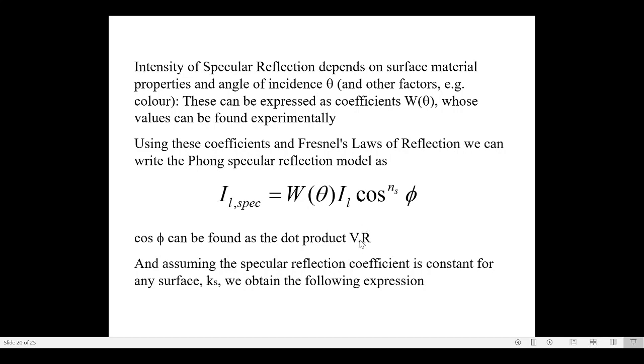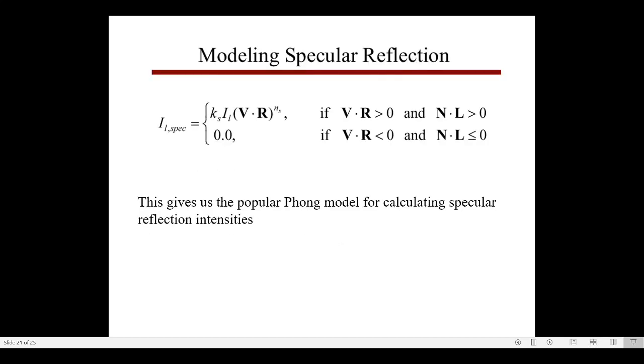If we consider unit vectors, then cos phi can be replaced by the dot product V.R. So we can write the expression as Ks into Il into (V.R) raised to ns. This is also called the Phong model, which is used to calculate the specular reflection intensity.